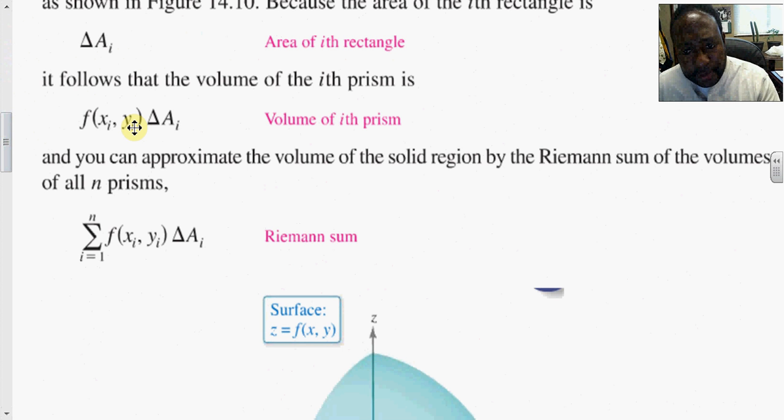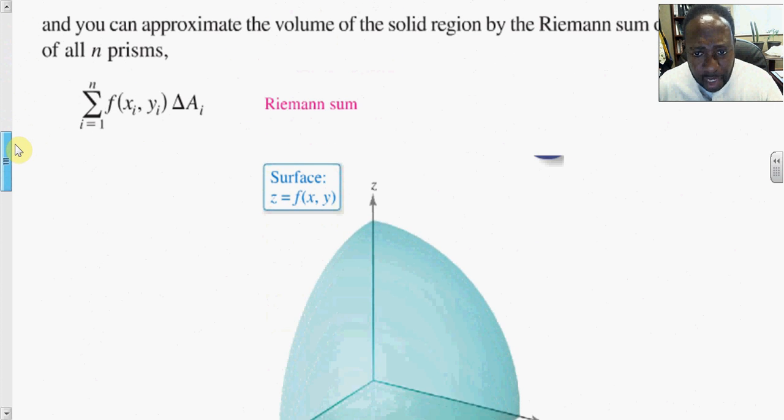Then when we calculate the function, the height, times the base area, we get the volume. We use the typical Riemann sum from Calculus 1 to compute this summation, the limit of that summation, as the partitions delta get smaller and smaller. We shrink the magnitude of these.